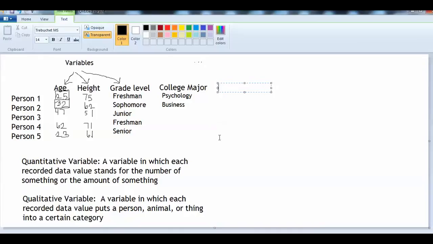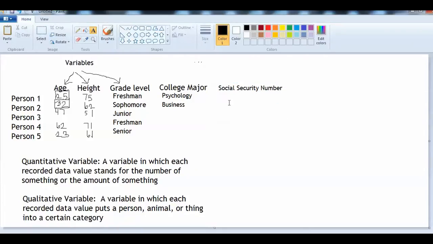So what about if we asked each person, what's your social security number? That would be a variable because different people have different social security numbers, but it's actually not quantitative, because a person's social security number doesn't show the number of something or the amount of something that the person has.